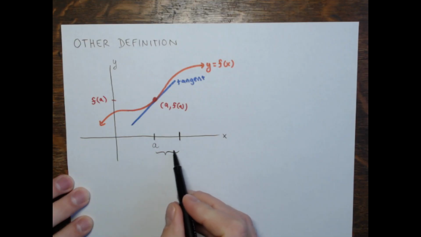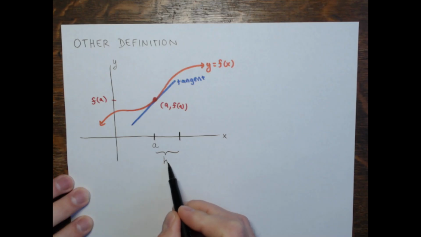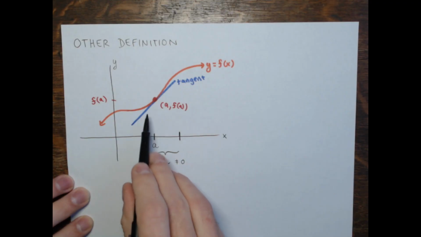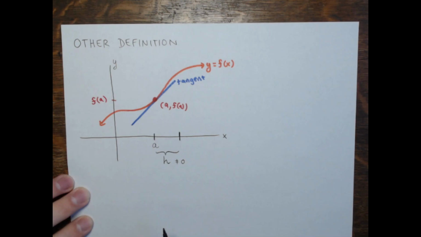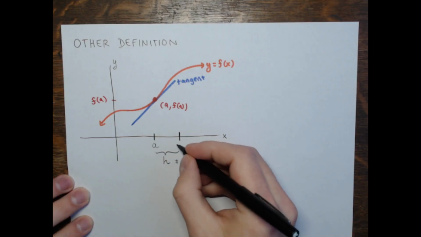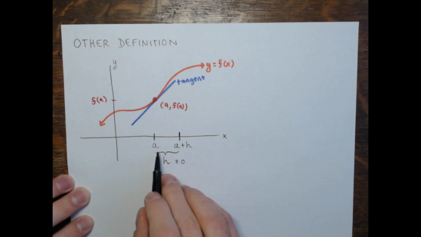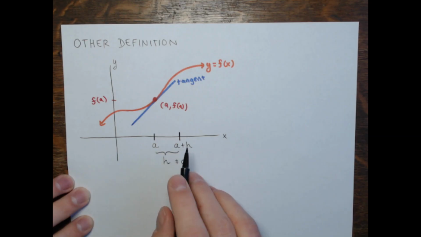So they're going to represent this horizontal change by the letter H, where H is not 0, right? Because if H were 0, the horizontal change were 0, I'd be at A again and not get a second point and not be able to form some secant line. So A, and then I add this horizontal change to it. So the other value on the x-axis that's not A is represented by A plus H.